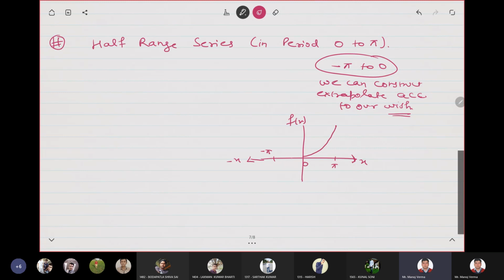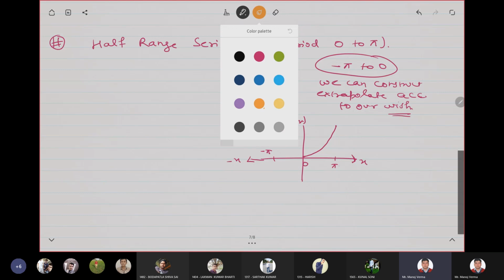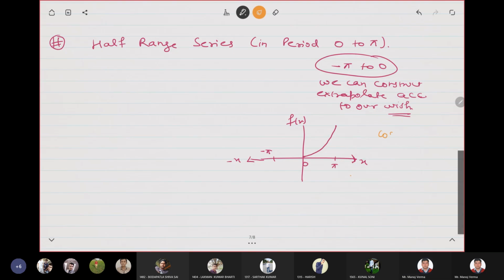So suppose for this function from 0 to pi, we want to express it in cosines only. For expressing this function in terms of a cosine series only, what we can do is consider this function as an even function. So we are considering that this function is something like this.